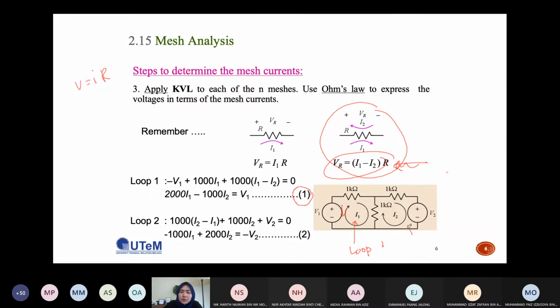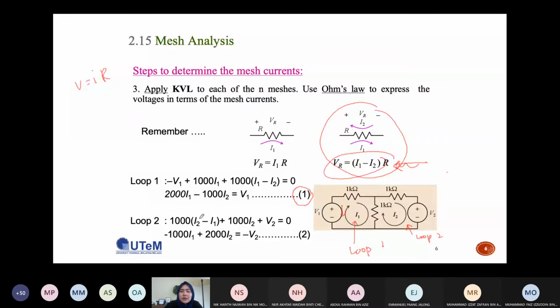Now let's look at the loop 2, second loop. So in the second loop, we have the first resistor over here. This is the current I2. So the voltage here is actually 1000 multiplied with I2 minus I1, because now we're looking at the second loop.